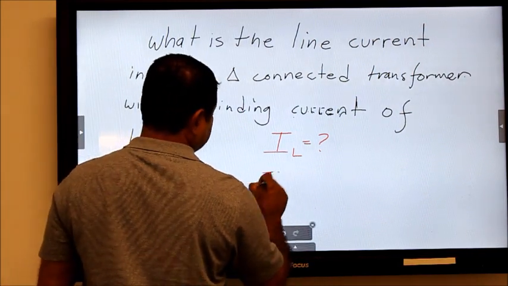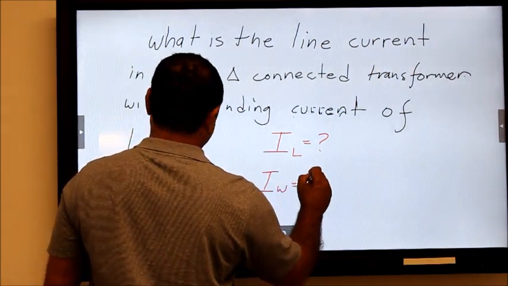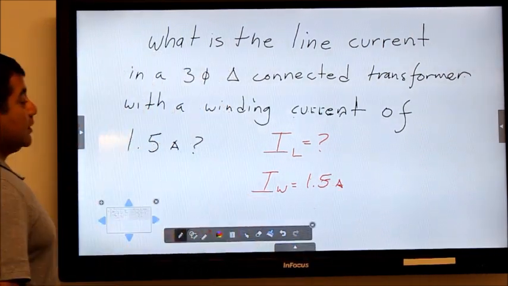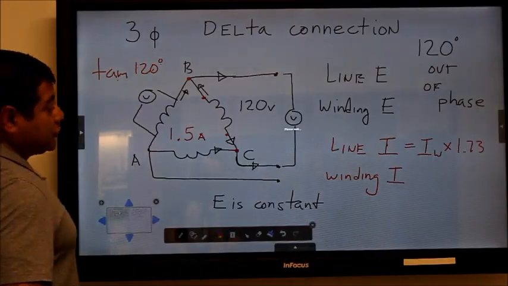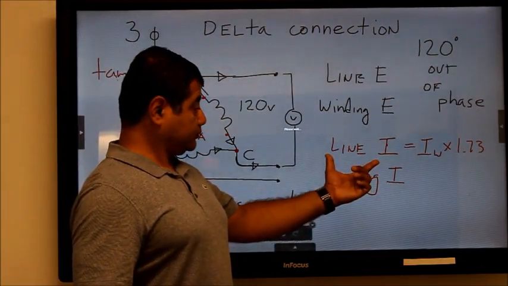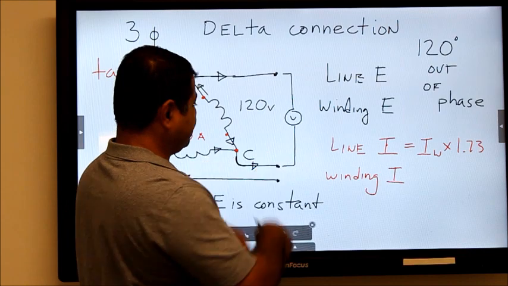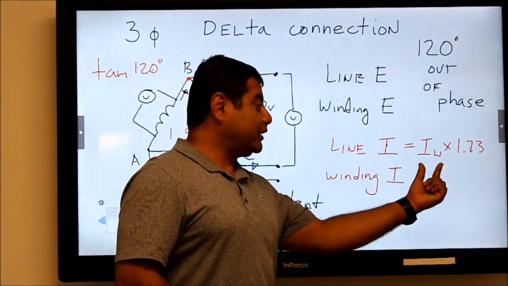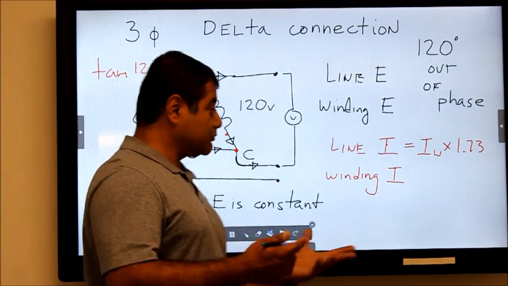The winding current is 1.5 amps. So if we go back to the relationship, we know that the line current is equal to the current of the winding times 1.73. So let's do that.